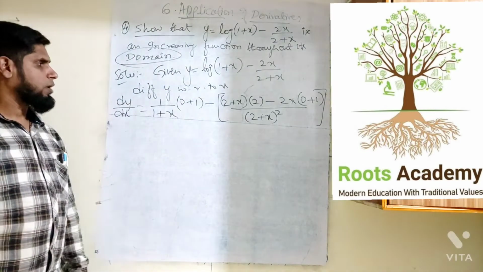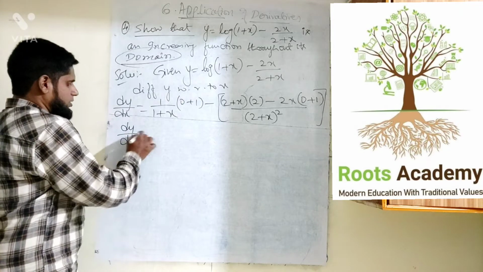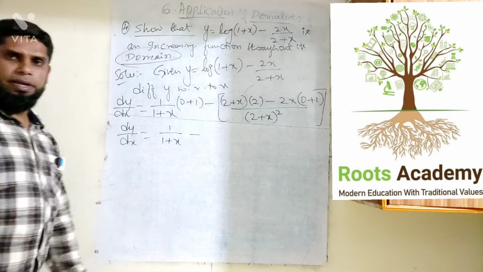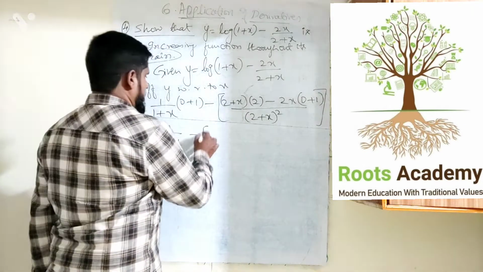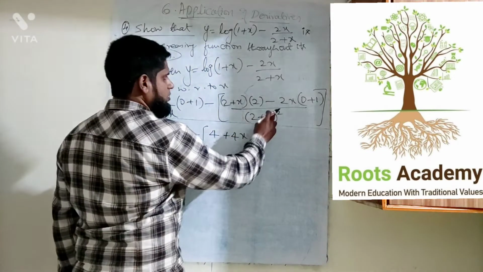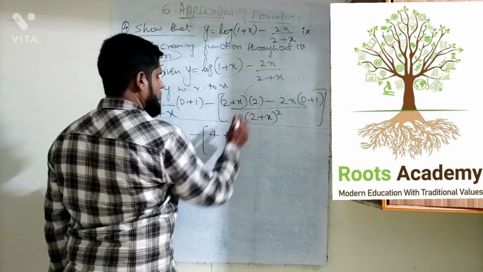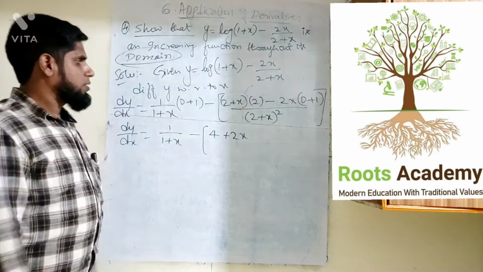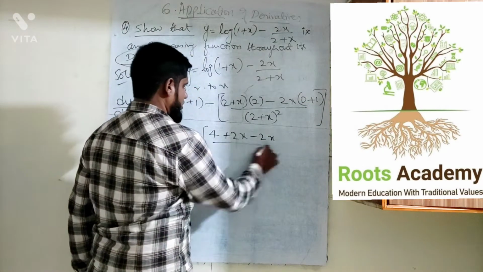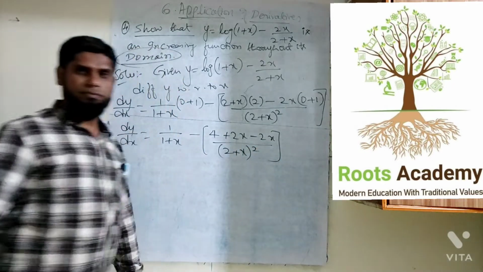So finally, my dy by dx is equals to 1 divided by 1 plus x minus 2 twos are 4 plus 4x, sorry, not 4, it is 2x. 2 into x is 2x, minus 2x into 1 is minus 2x, divided by 2 plus x whole square.